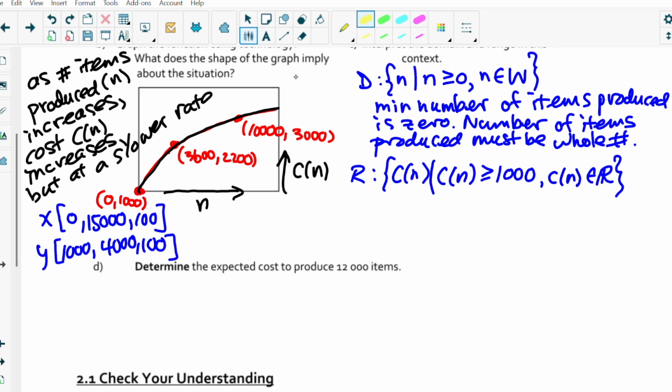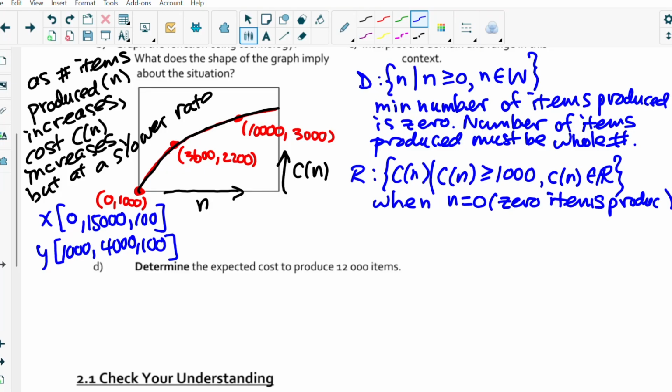And let's explain that then. When n equals 0, 0 items produced, if I do the math there, the minimum cost is $1,000.